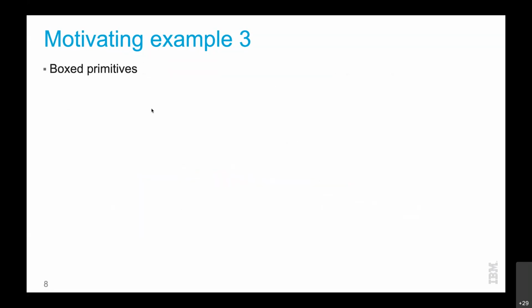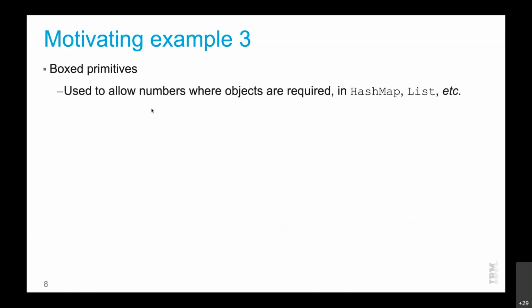A third example comes up in the context of boxed primitives in Java. So quite often, if users are doing something with primitives that they need to store into more general purpose data structures such as hash map or list in Java, they have to actually box those and create objects, integer objects or double objects or what have you.